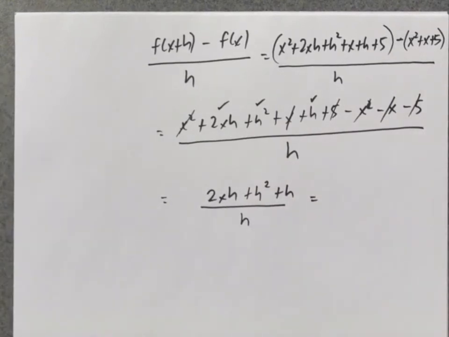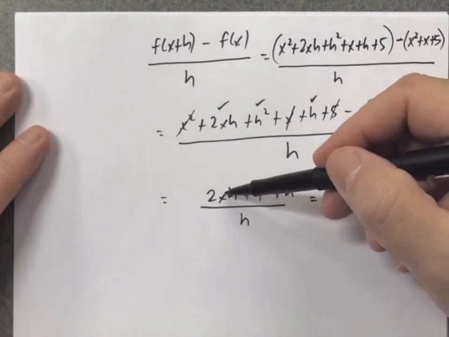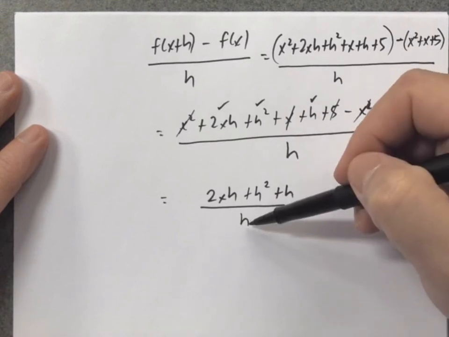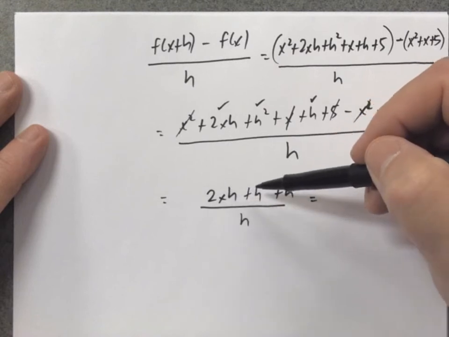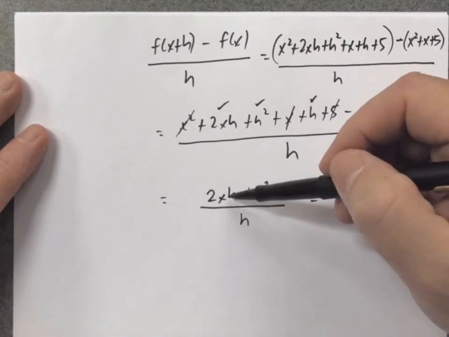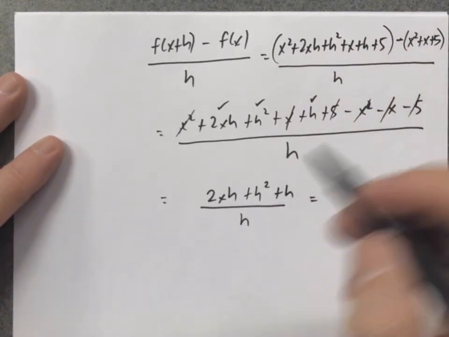Now here's a case where you have to look and see if you can reduce. And the principle is, I have 3 terms in the numerator, and I've got an h in the bottom. If I have an h in all these 3 terms, then I can cancel this h and divide out an h in all these terms.